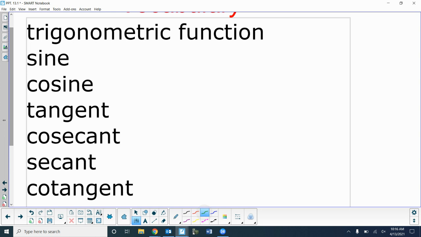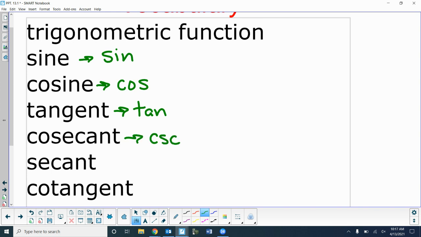Sine, they abbreviate as sin. Cosine is cos. Tangent as tan. Okay? Cosecant, which is the reciprocal of sine, they abbreviate as CSC. Secant is the reciprocal of cosine.